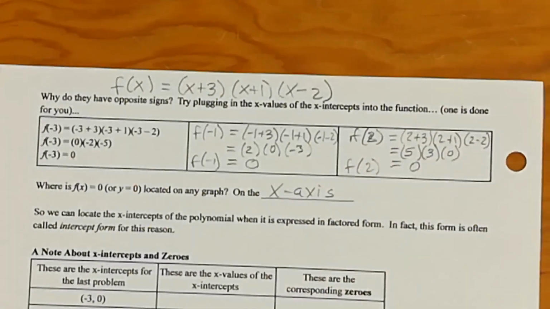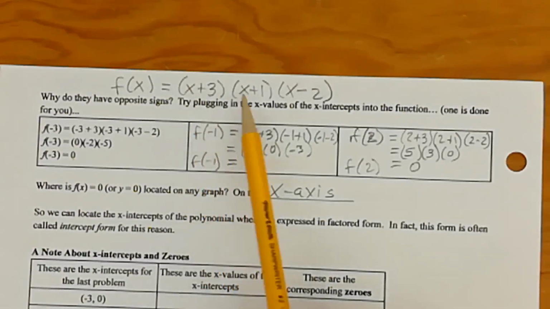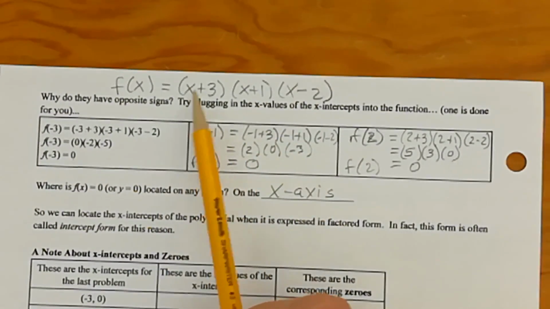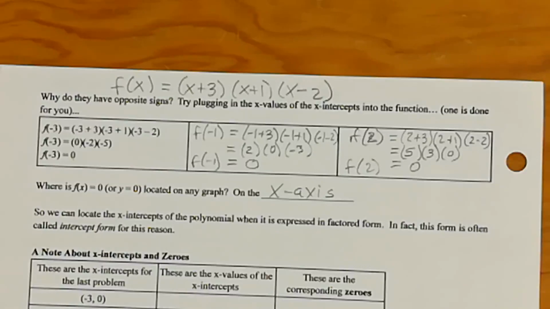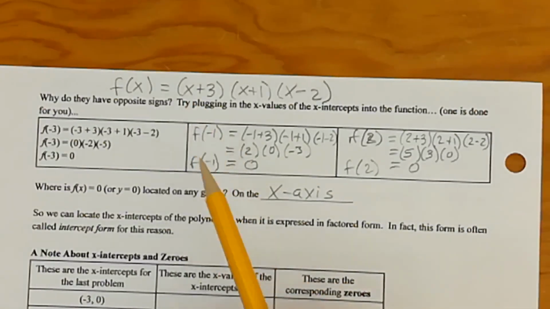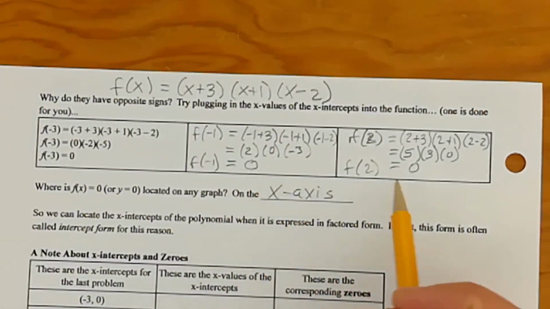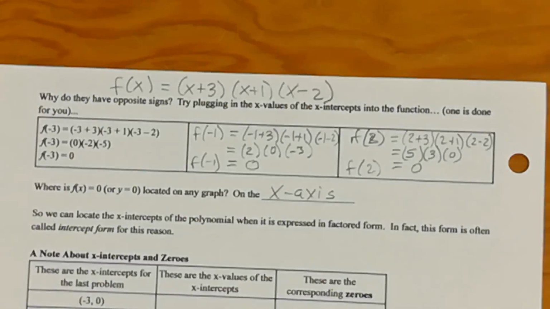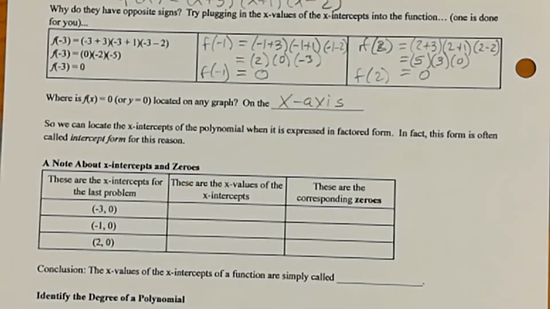All right, so as we can see, when we put each of those in, the x values of the x-intercepts, we end up getting 0, and it ends up on the x-axis. I called those zeros, which we mentioned last unit a little bit, so this might be a little bit of review.